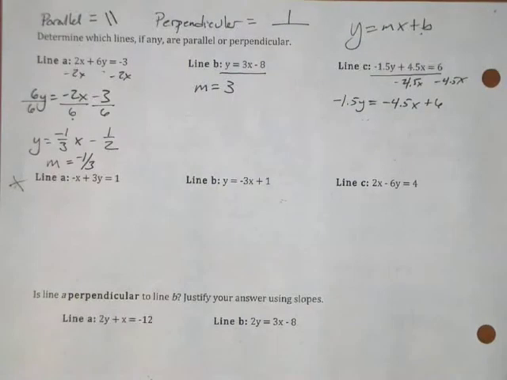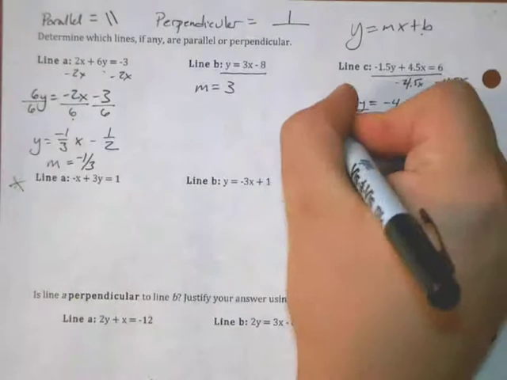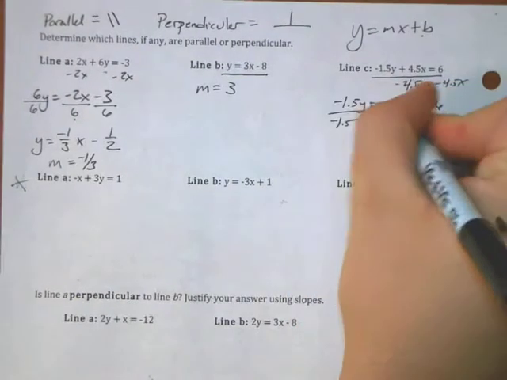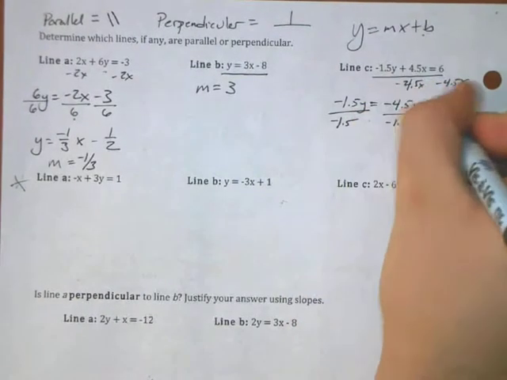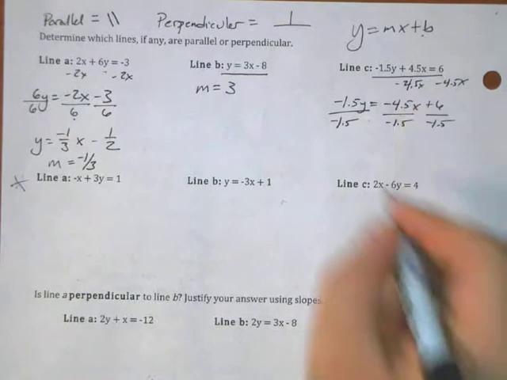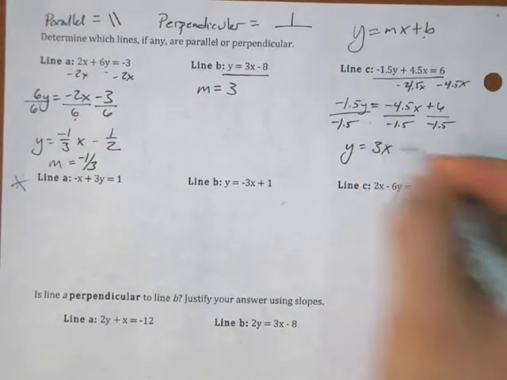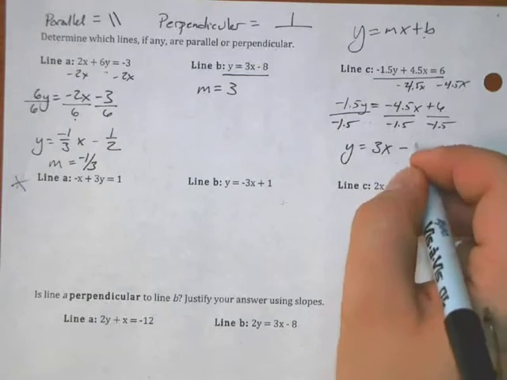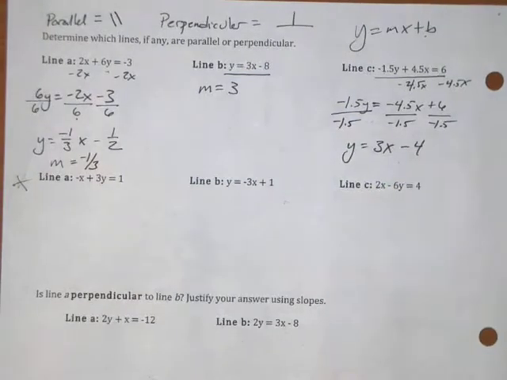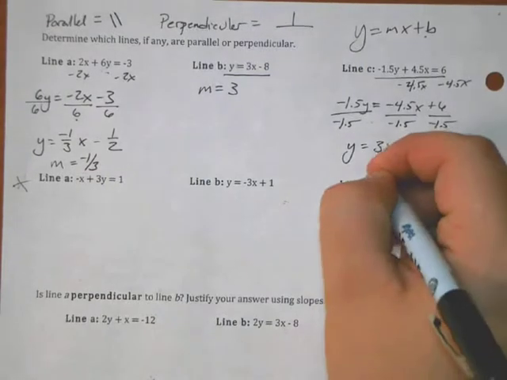Still the same thing. Subtract 4.5x. Divide both sides by what's in front of y. And I get y equals positive 3x minus 4. You can use a calculator to check your answers, but you get that. What's the slope of our line C here?